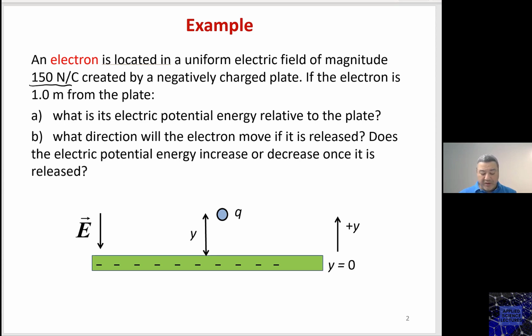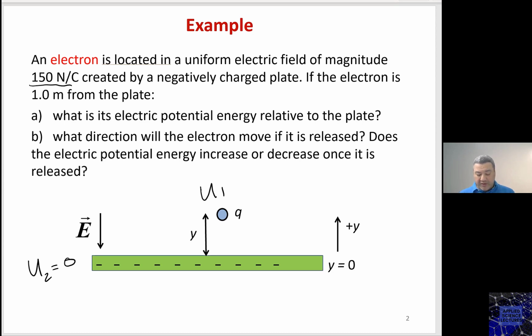We need to calculate the electric potential energy relative to the plate. So in this case, we will be using the electric potential energy of the plate as our reference, and this is going to be U2. U2 will be 0, and this is the location of U1.